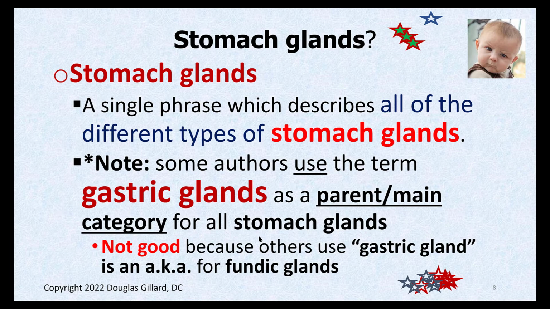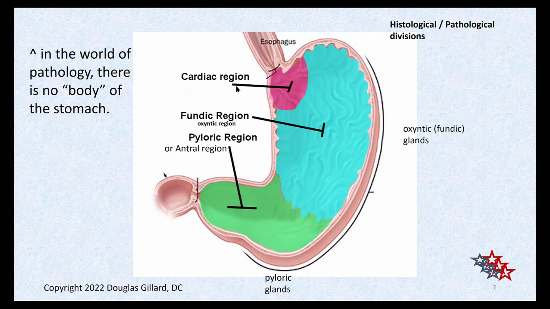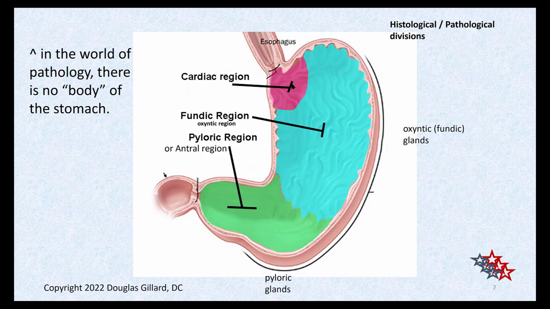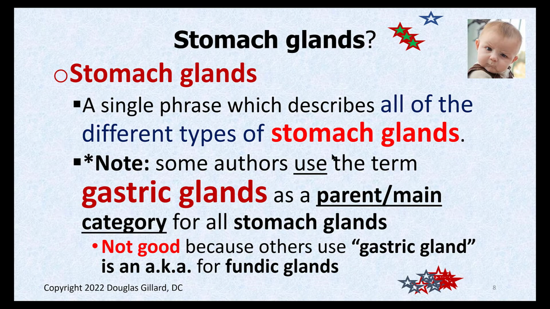Another term that's confusing is the term stomach glands. You would think this would be simple, but of course it's not so simple. I will use the term stomach glands to collectively describe all of these cardiac, pyloric, and fundic glands. So that's a general category. Cardiac glands, fundic glands, and pyloric glands are all, if you want to use one word, stomach glands.